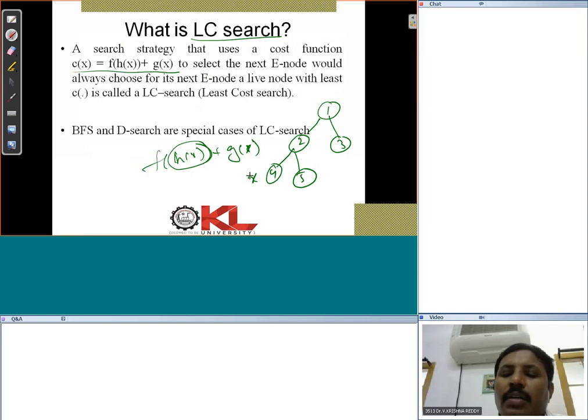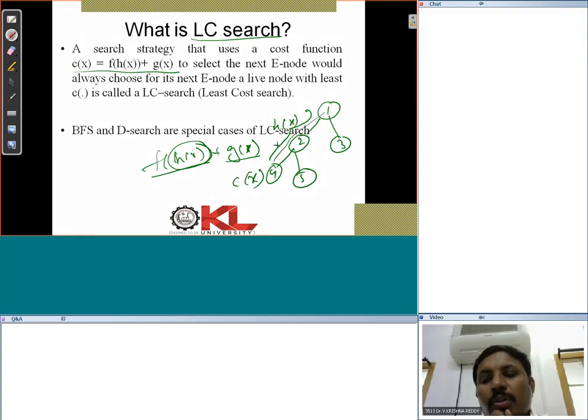We are calculating the cost of x, which is f of h of x plus g of x. h of x is the cost calculated from the root node to the particular node, and g of x is the estimated cost from the particular node to the answer node.